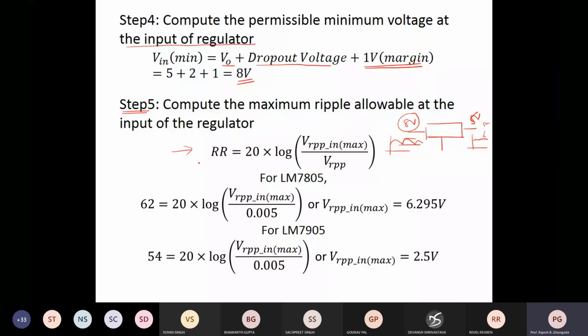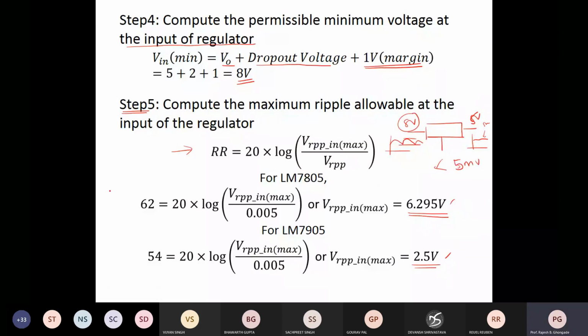From that, for LM7805, I can have as large as 6.295 volts of peak-to-peak ripple, and for LM7905, a maximum ripple of 2.5. Once I allow up to this maximum value, it is guaranteed that my output will contain a ripple less than 5 millivolts, as demanded by the specifications.